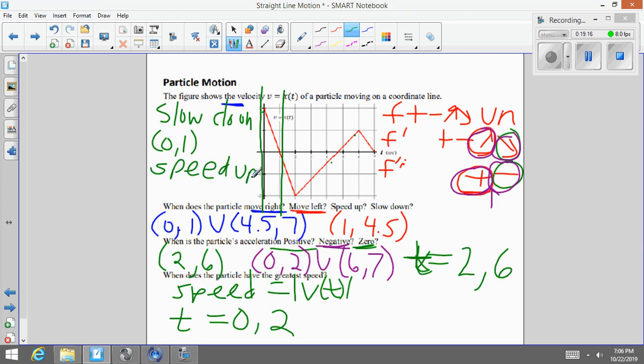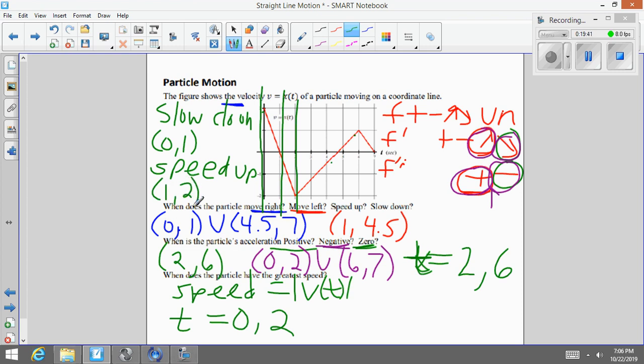Okay, now let's look at it from 1 to 2. From 1 to 2, velocity is negative, and acceleration is also negative because the graph is decreasing. So because velocity and acceleration are both negative, the particle would be speeding up from 1 to 2.